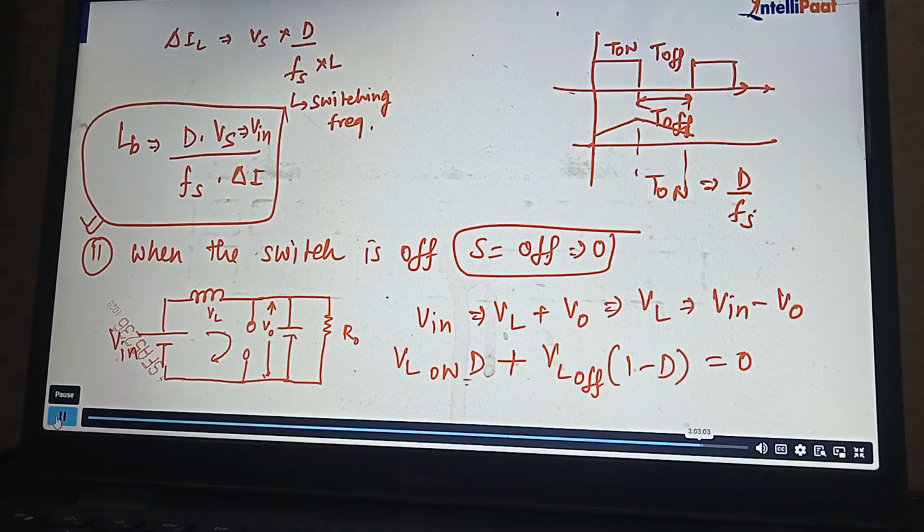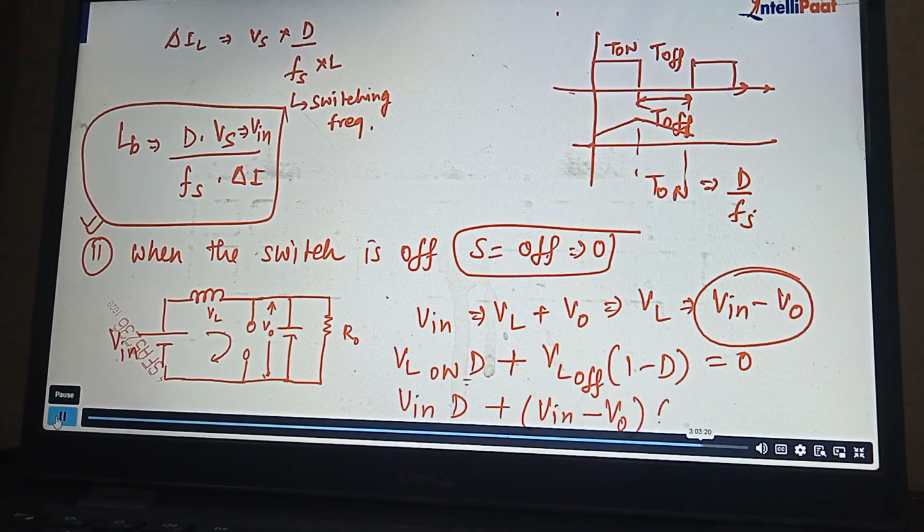Now you can put these two values. Under VL on conditions, this is equivalent to V input into D. But when it is off, we have V input minus V naught, the output voltage, times 1 minus D. Can you solve this?